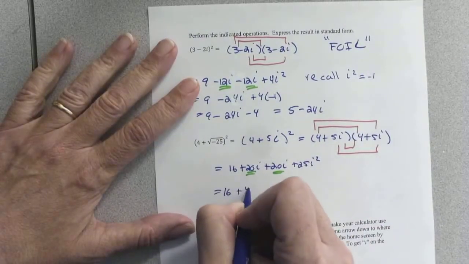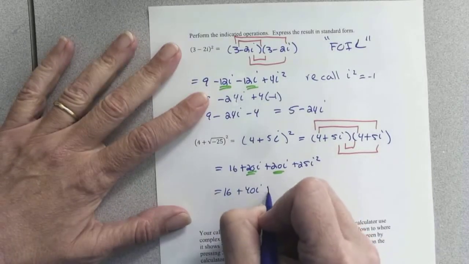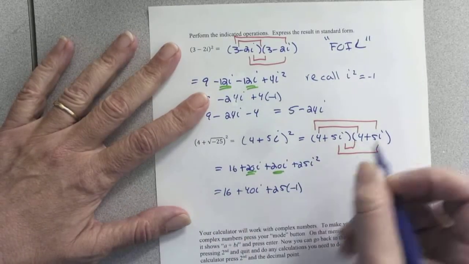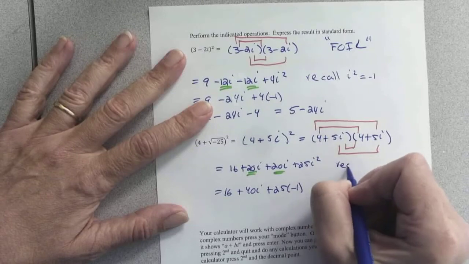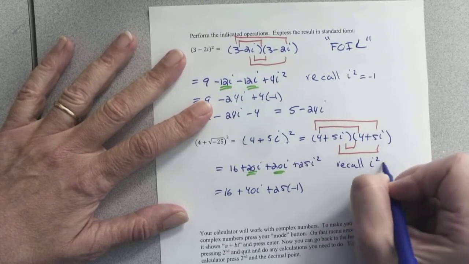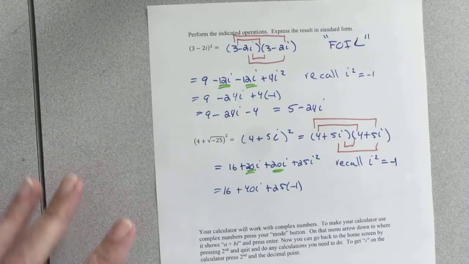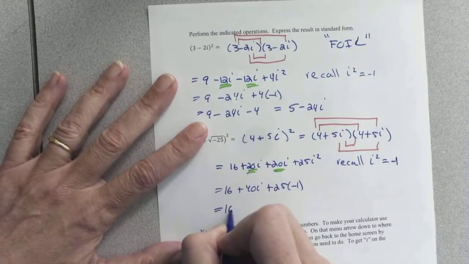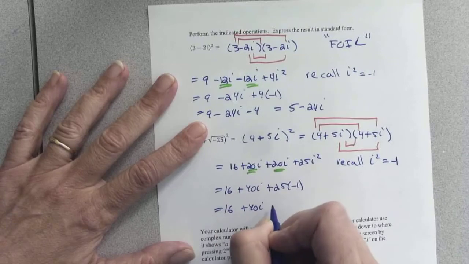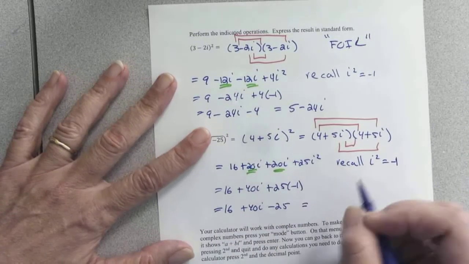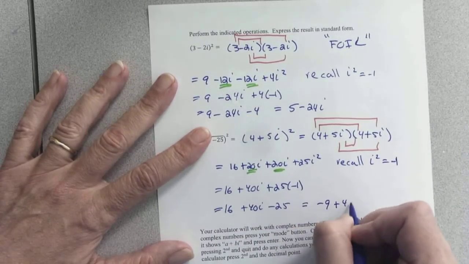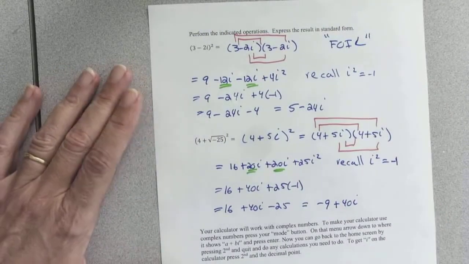And so we get 16 plus 40i plus 25 times negative 1. Again, we're going to recall that i squared is negative 1. And that's just something that you memorize. And so 16 plus 40i minus 25 for negative 9 plus 40i.